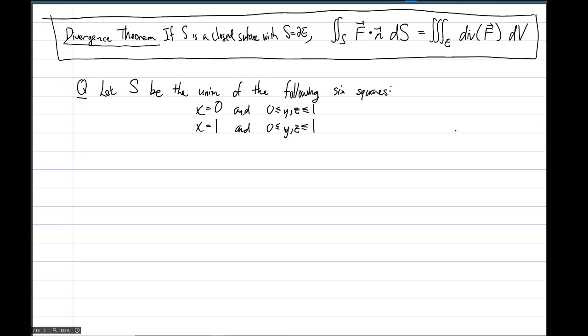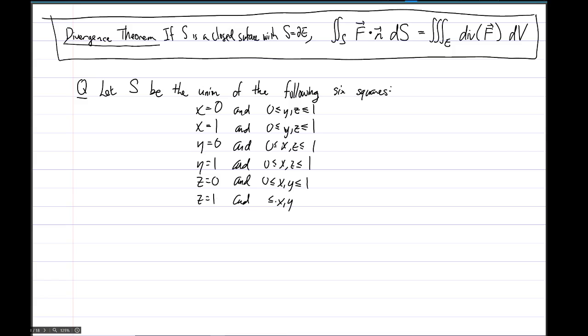And then y equals 0, and x and z are between 0 and 1. Y equals 1, and x and z are between 0 and 1. That's the fourth square. The fifth square is z equals 0, and all the while x and y are between 0 and 1. And lastly, z equals 1, and the x and y coordinates are between 0 and 1.